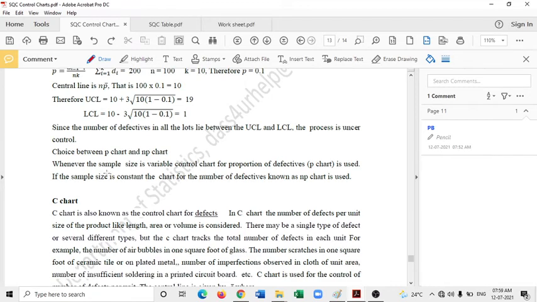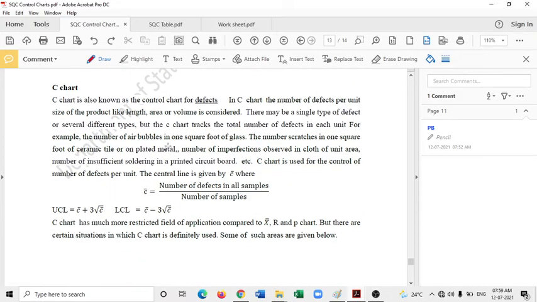Now, the choice between when to choose P chart and when to choose NP chart. If all the sample sizes or subgroup sizes are equal, we can take NP chart, and if they are unequal, we can take P chart. Now next is C chart.